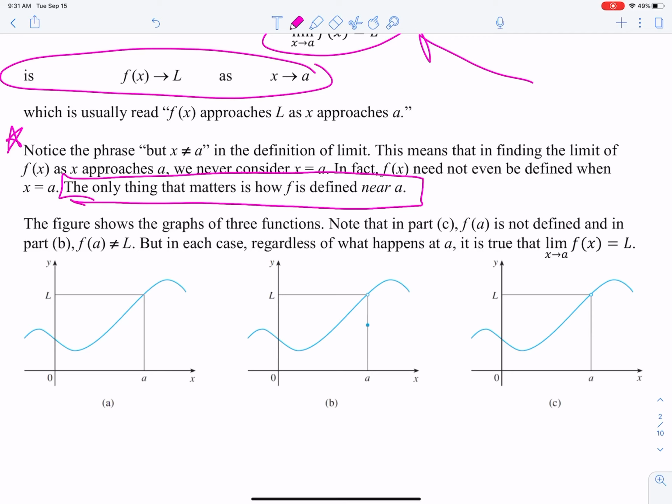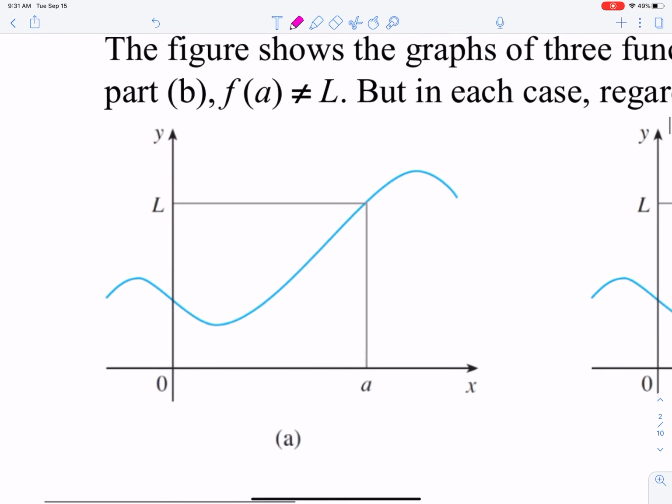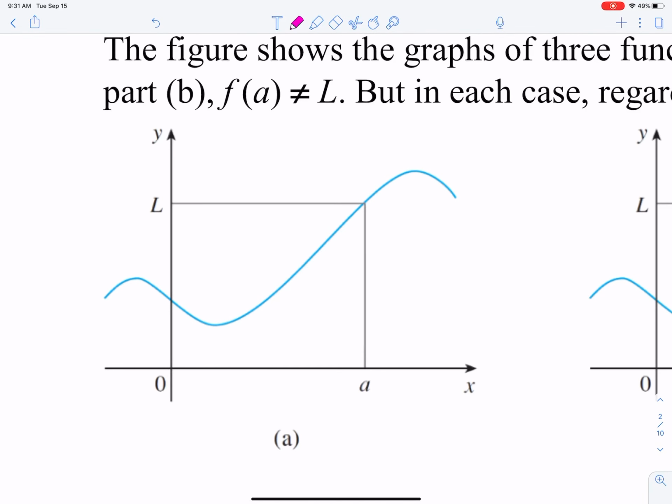All right, so the figure shows the graphs of 3 functions, and we'll talk about these right now. Okay, so let's look at graph A here. So again, we're going to say, okay, what's happening as we approach x equals a from the left? What value is the function approaching? And we can see definitely approaching L. Okay?